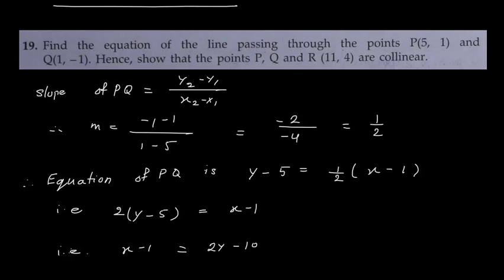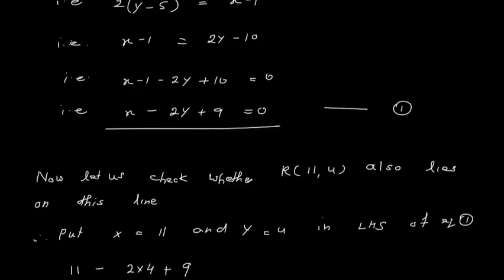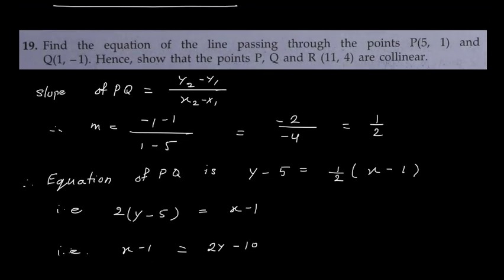But the question says show that the points P, Q and R are collinear, which means it is sure that point R will lie on the line. So I have done something wrong. Let us check. The slope of PQ is minus 1 divided by 1 minus 5, that is minus 2 upon minus 4, that is 1 upon 2. This much is okay.